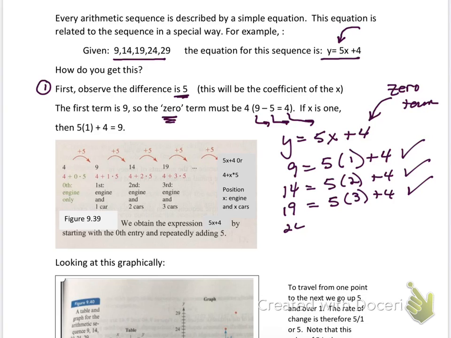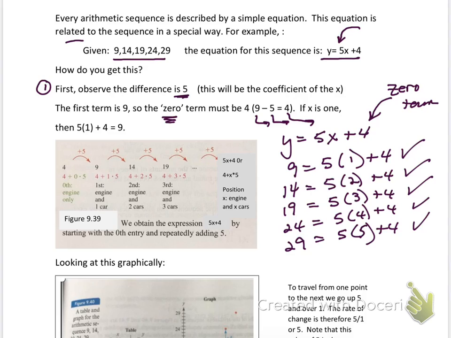And we can continue one more. 24 is going to be 5 times 4 plus 4. Yep, and then we might as well finish out. 29 equals 5 times 5 plus 4. That checks.